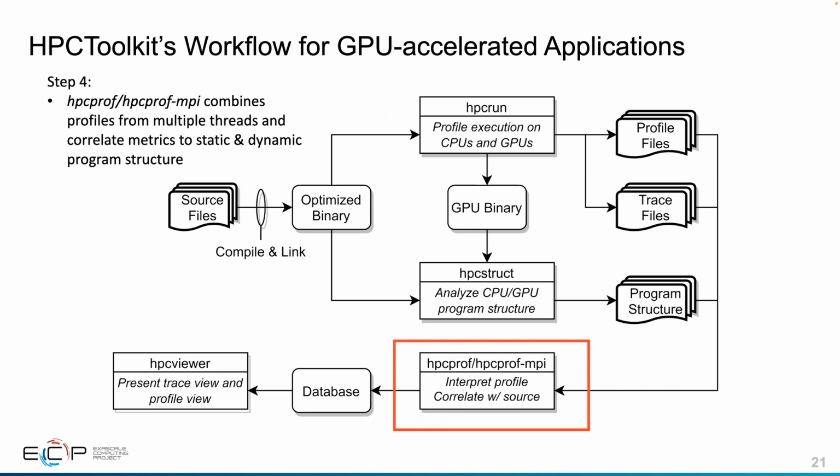But if you're profiling an application on, say, an exascale system and trying to collect data on, say, thousands of nodes, then HPCProf-MPI would be your tool of choice. This does not mean that it's only for profiling data from MPI programs.